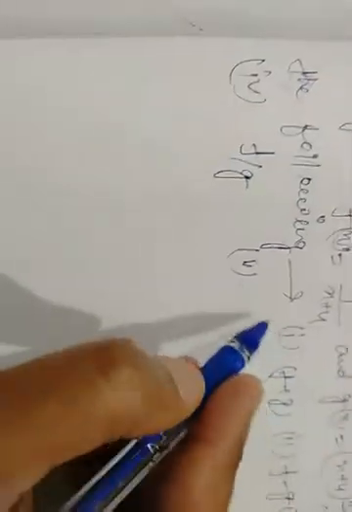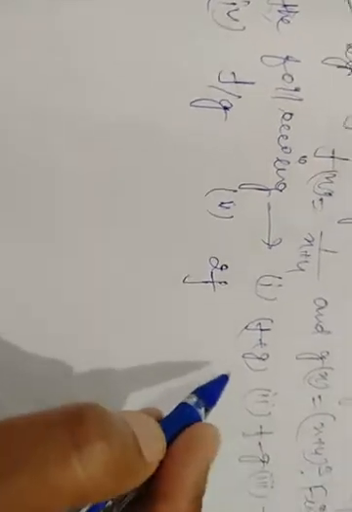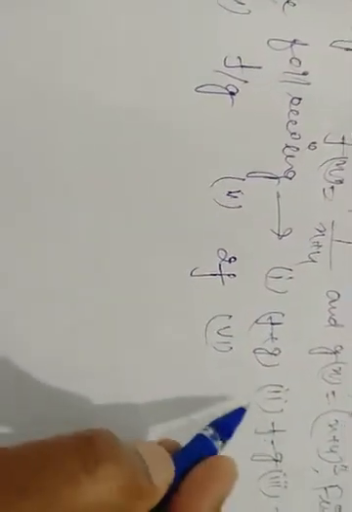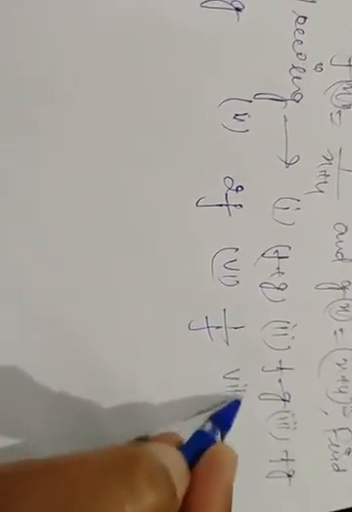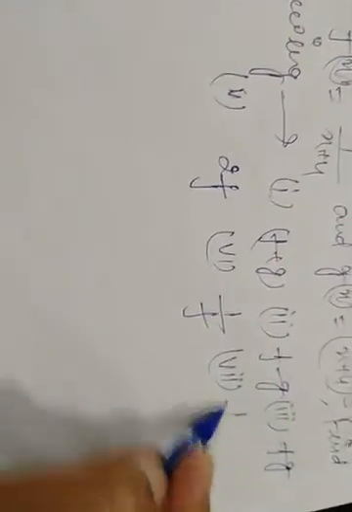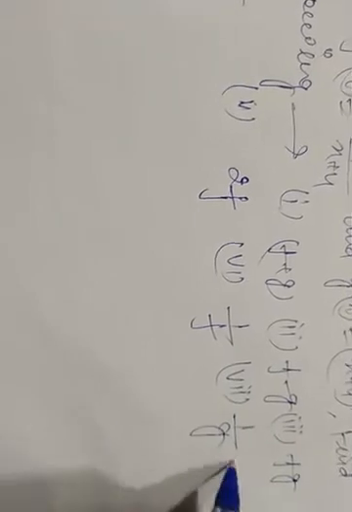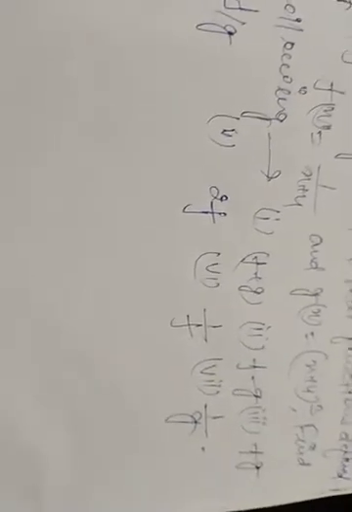Fourth one, that is f upon g. Fifth one, that is 2f. Sixth one, that is 1 upon f. Seventh one, 1 upon g.